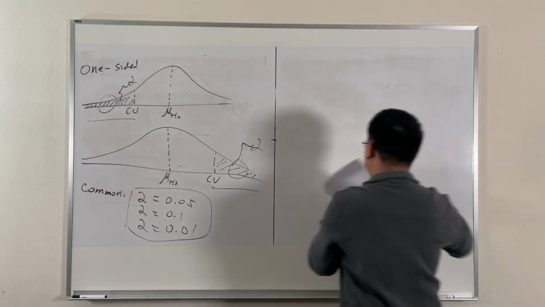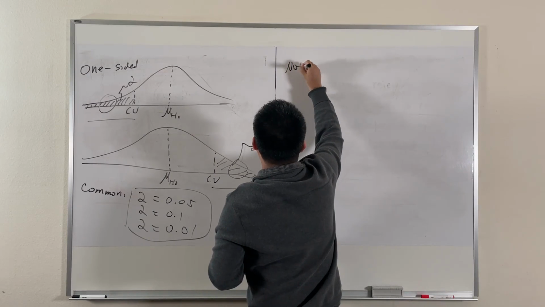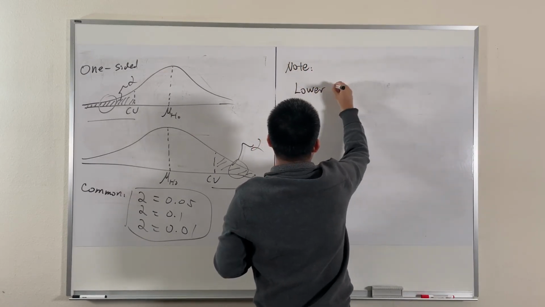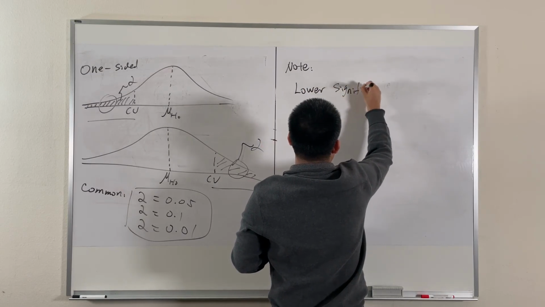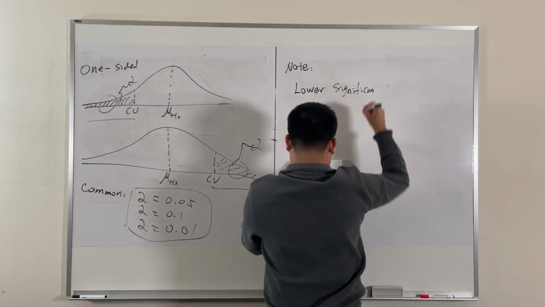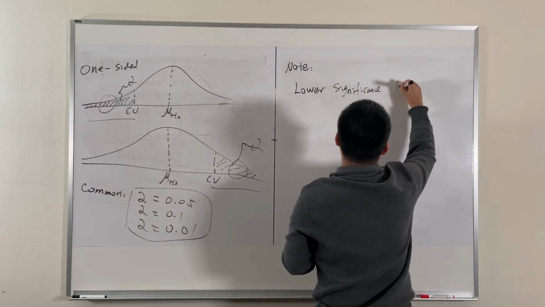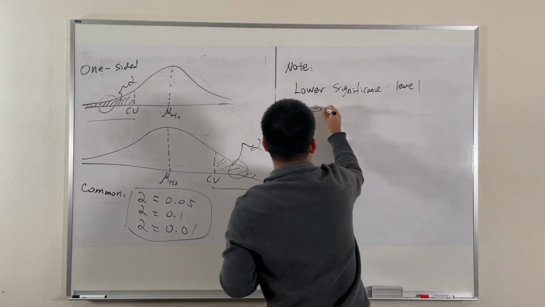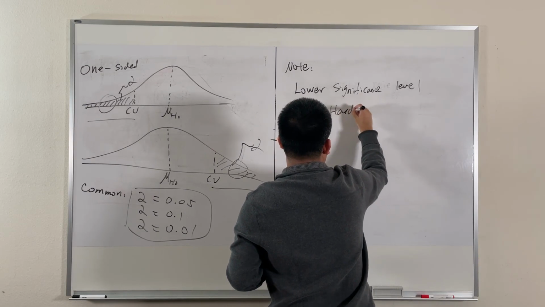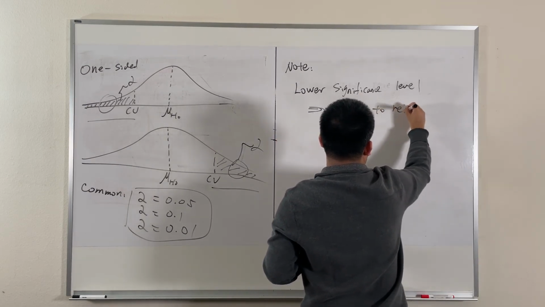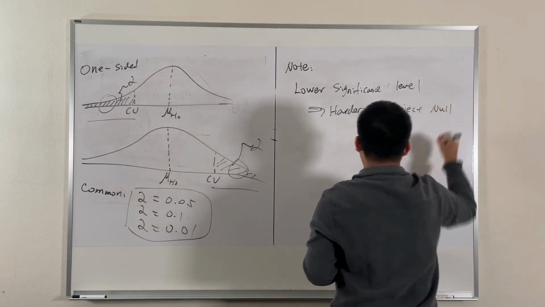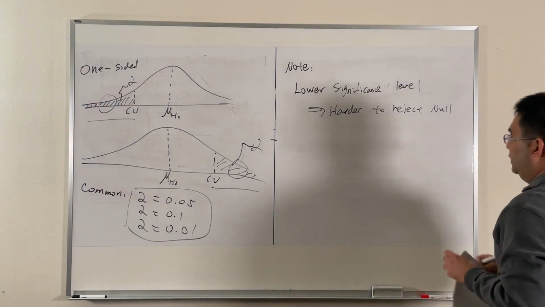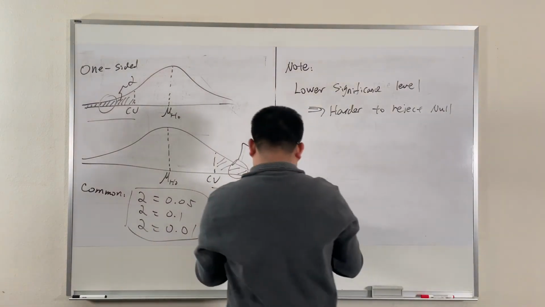If you have a lower significance level, so if your alpha is small, then it will be harder to reject your null hypothesis, because you're not allowing yourself to make that much of a mistake in rejecting the null.